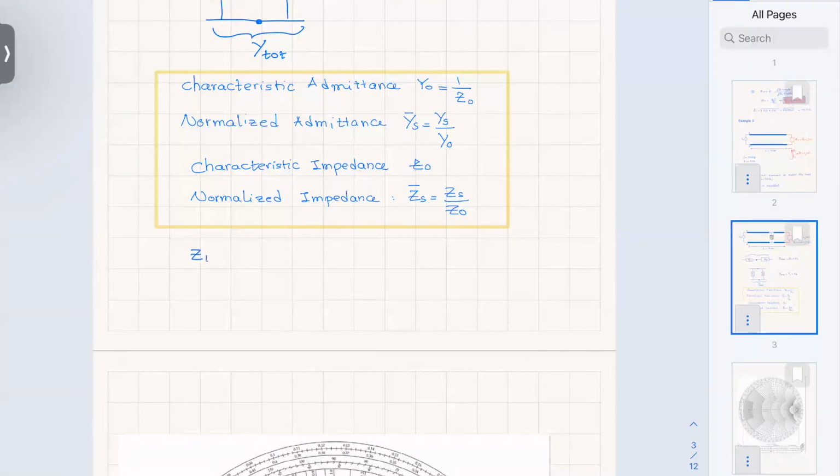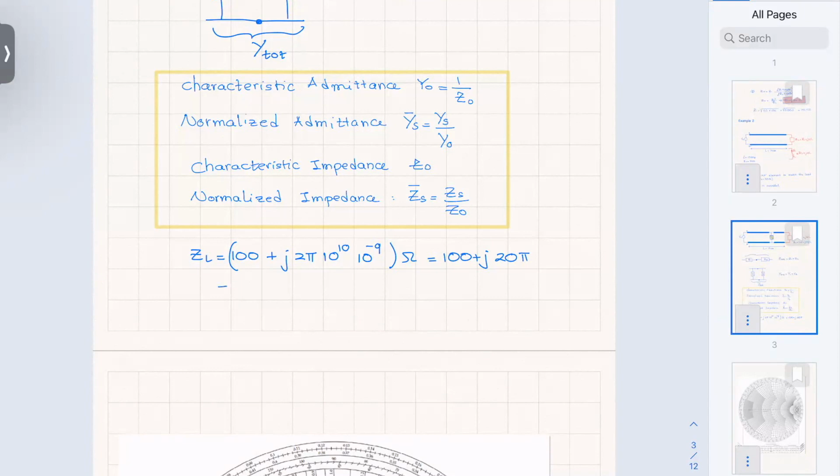I have that ZL is 100 plus j2π. F is 10 gigahertz, 10 to the 10 hertz. And L is 1 nanohenry, 10 to the minus 9. And this all is in ohms. So this one is 100 plus j20π ohms, and 20 times π is 62.8, say 63 ohms.